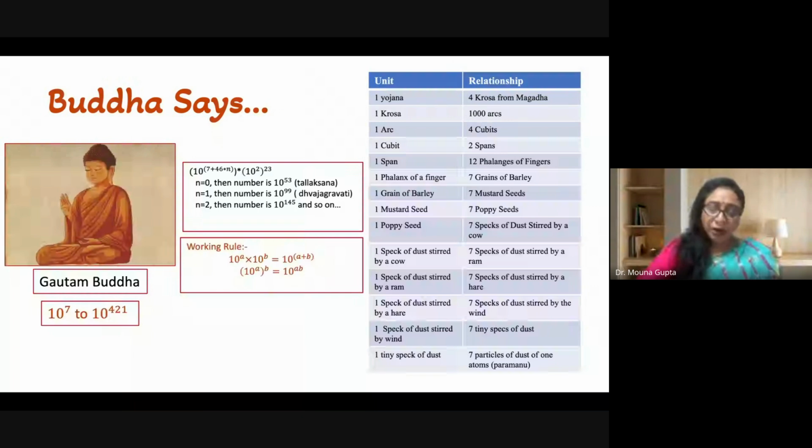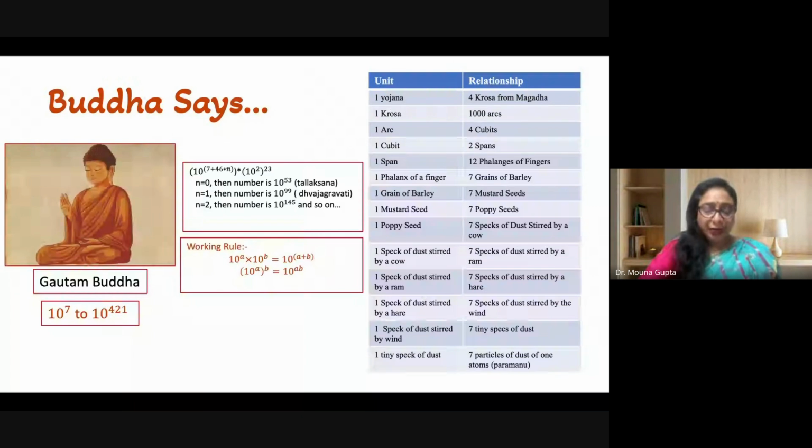And in his reply to this question, Siddhartha went up to the number 10 raised to power 53. And he spelled out the unique names of each number he uttered. For example, 10 raised to power 53 was Talakshana. And starting from Koti, the series up to Talakshana constituted 23 levels.